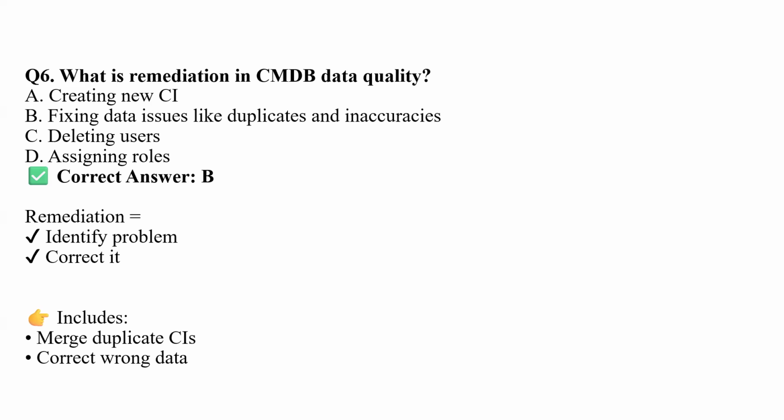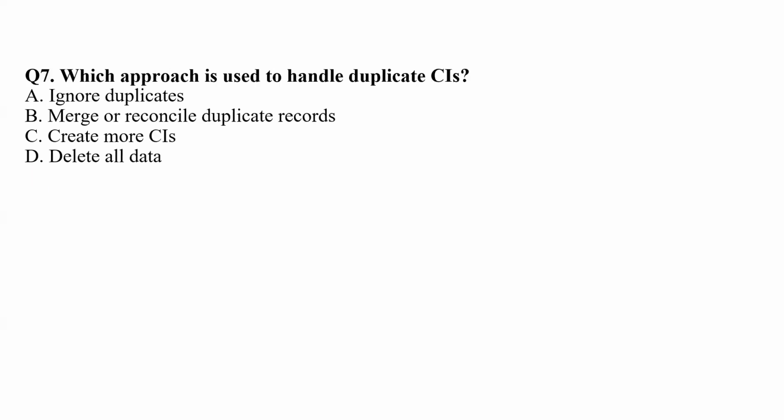It covers how we can remedy CMDB data quality: identify the problem and apply the correction. In case of duplicates, merge the duplicate CIs to form a single one, then correct the wrong data.